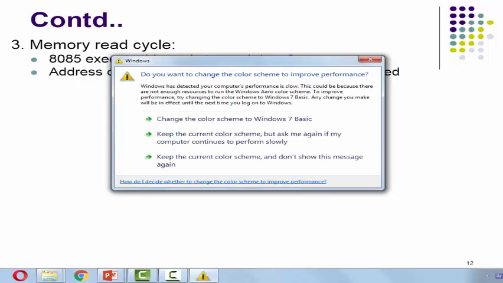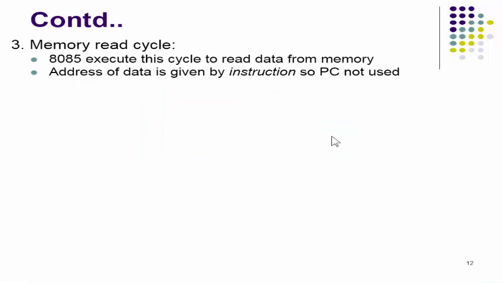Okay, so one instruction that we have already discussed, LDA C000. So load accumulator direct from memory, location C000. So the data which is available in the memory location C000 gets loaded in the accumulator.